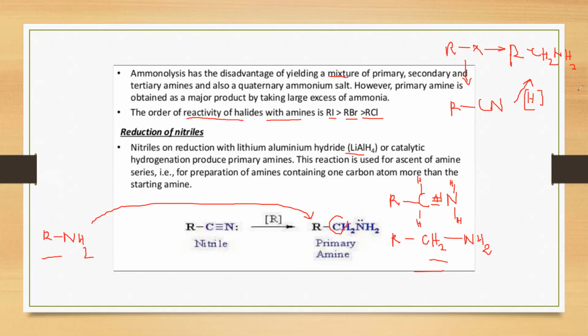So there is a stepping up. Introducing a cyanide group in the molecule will always step up the series and help you do that type of conversion. This is just a start, and I will continue the preparation methods in the next video.